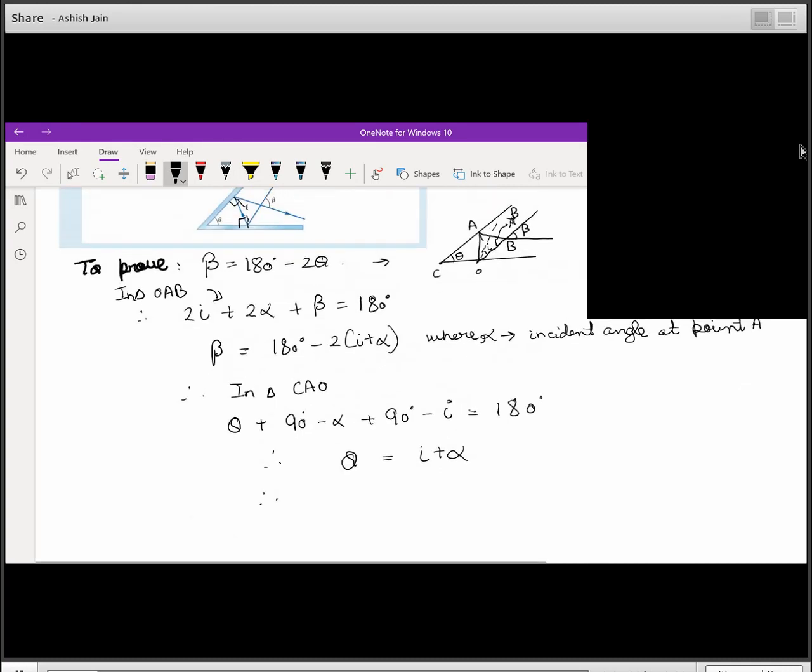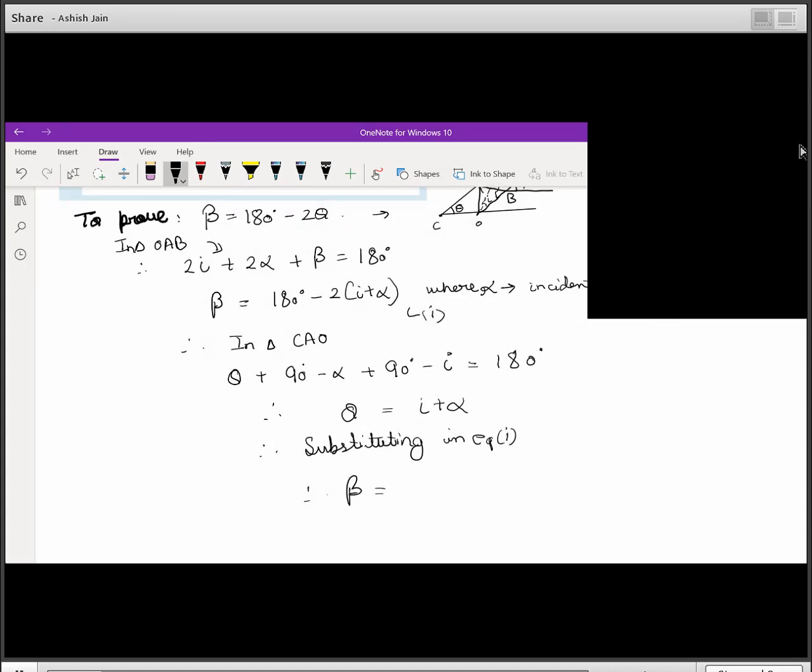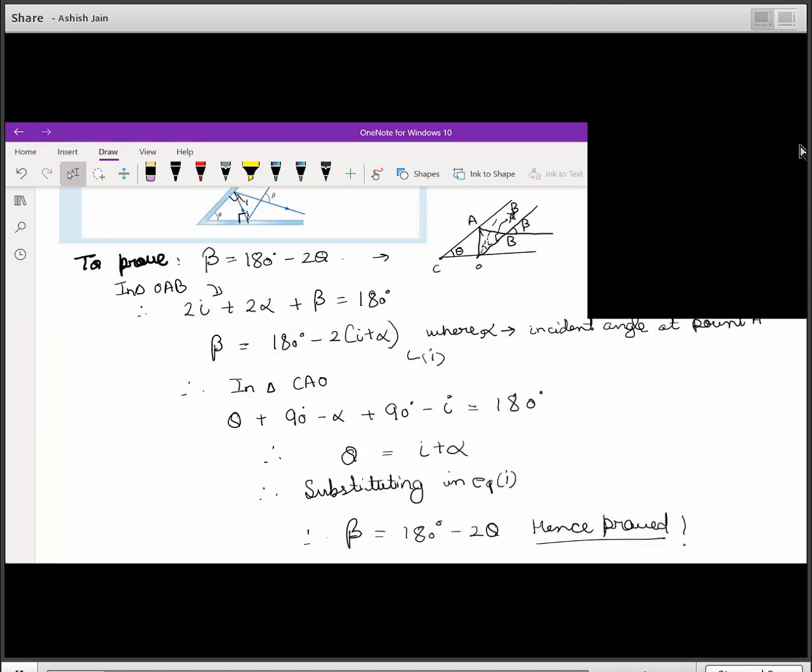Therefore, equation 1, substituting in equation 1, beta is 180 degrees minus 2 theta, hence proved. So this diagram was a little incorrect.